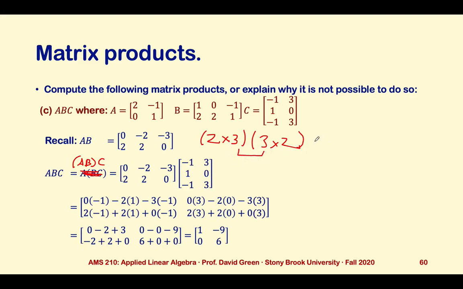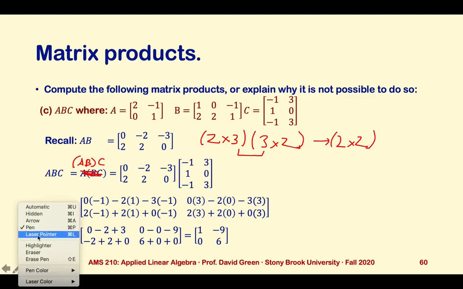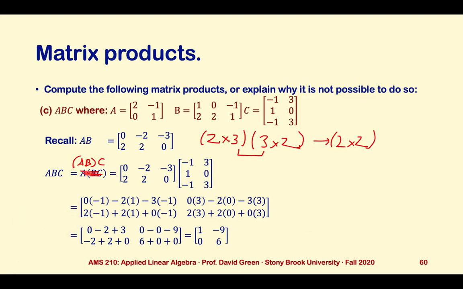The inner dimensions match, so they will disappear in the product, and we should be ending up with a 2-by-2 matrix as our answer. We evaluate that exactly the same way, working through, first of all, the first row of AB with each of the columns of C, and then moving on to the second.